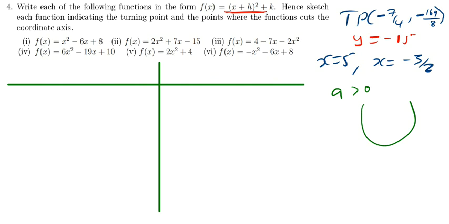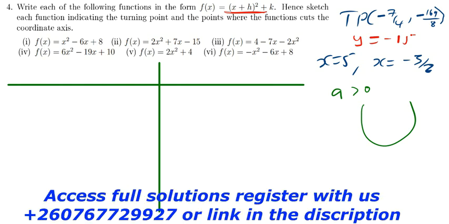Why am I doing this? Because I know that y is to the negative side and the turning point is also to the negative side. So for x, we have negative 3 over 2, but the first positive part is 5, then the turning point. Now if you look at 169 divided by 8, you realize that it's going to be greater than 15.